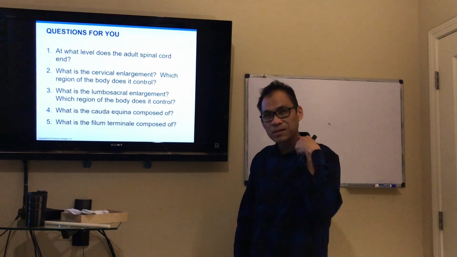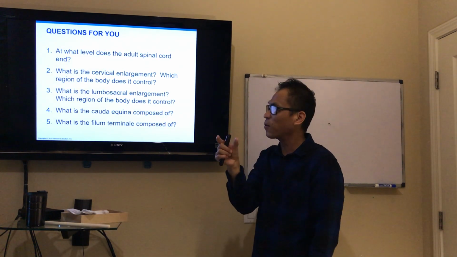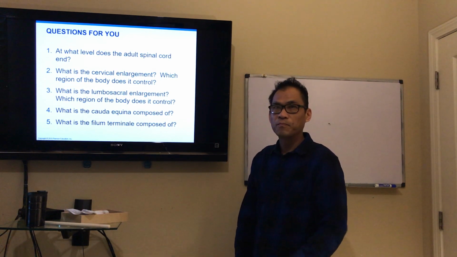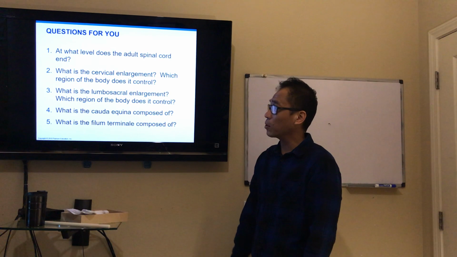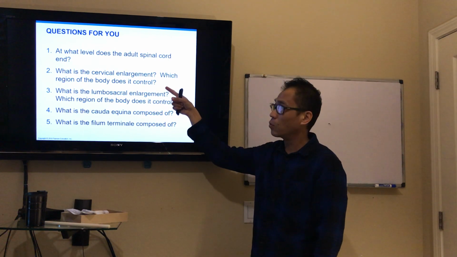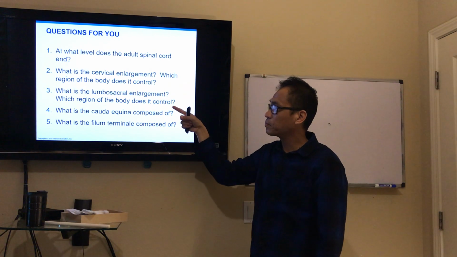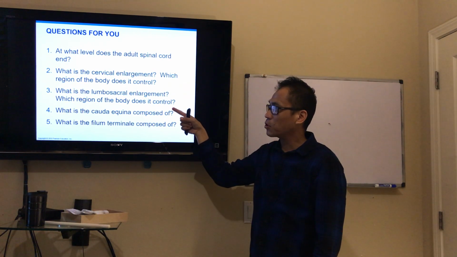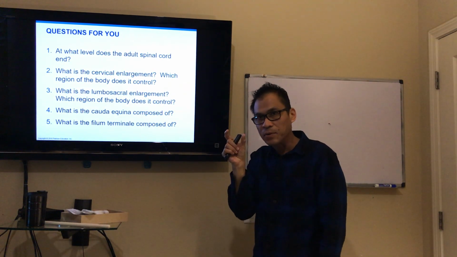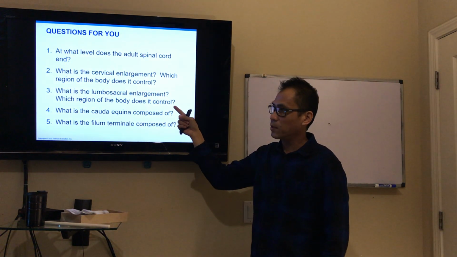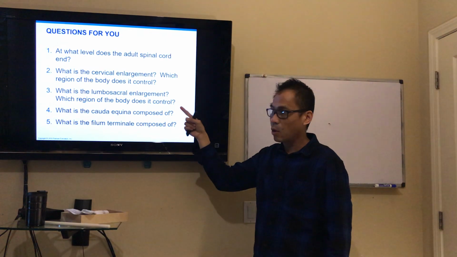What's the cervical enlargement? Well, it's the top region. The cord's a little bit thicker there because of those enlarged cell bodies that control the upper limb, right? So that answers that. What region of the body does it control? Upper limb. What's the lumbosacral enlargement? That's the enlargement towards the bottom of the spinal cord. And that enlargement, those cell bodies control lower limb.